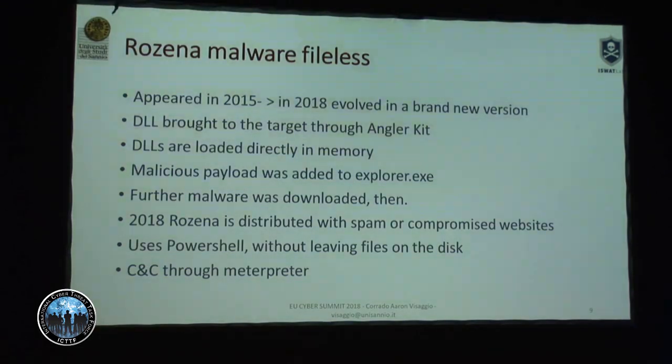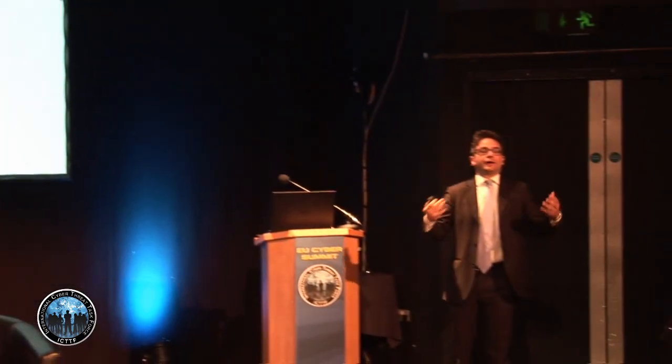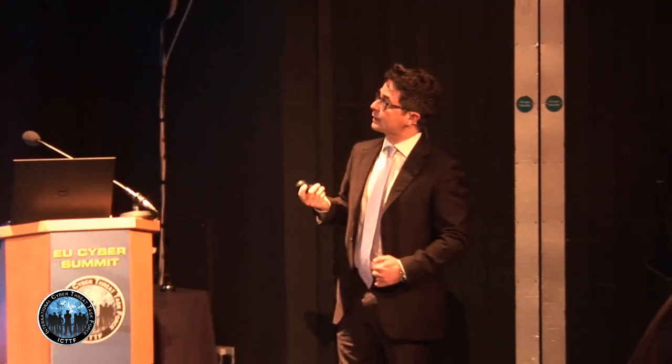And it is a very important point, because fileless malware has much more opportunity of evolution than the malware before, because this kind of malware is not detected easily. So malware analysts don't know exactly how much fileless malware is around.